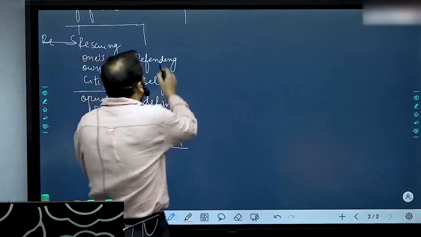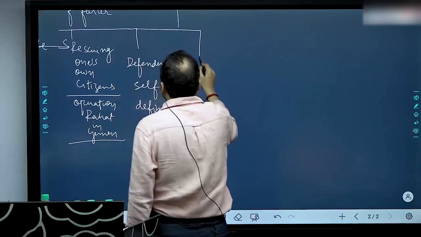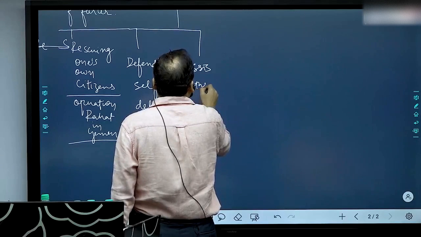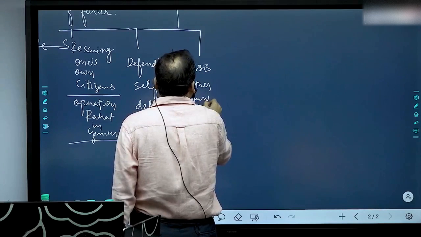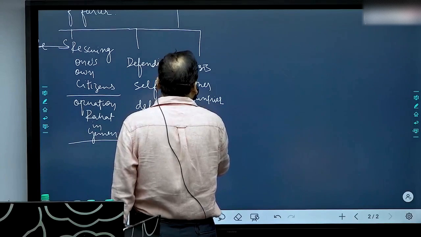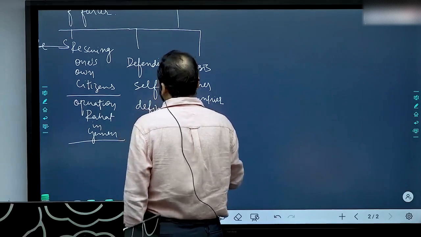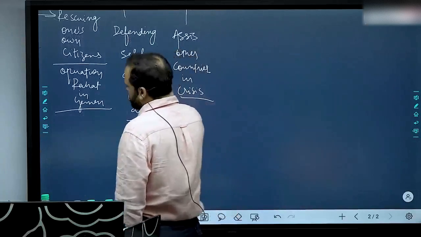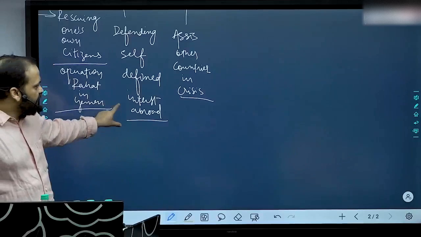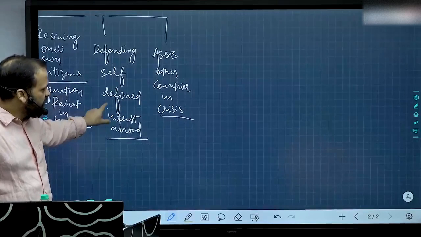All right? And direct deployment to assist other countries in crisis, this you will get to see. Right? So IPKF in a way could be to defend self-defined interests, couldn't it? To bring peace in the region.